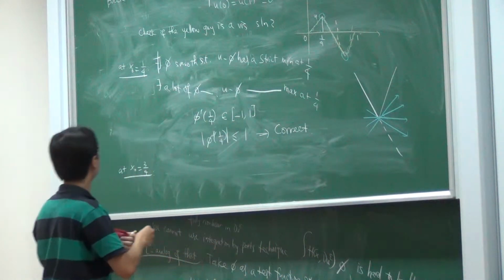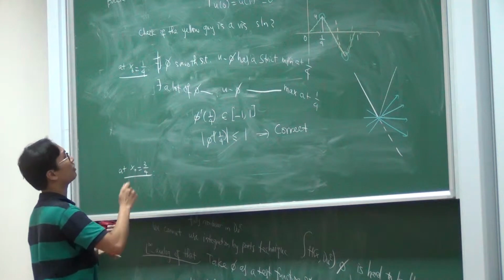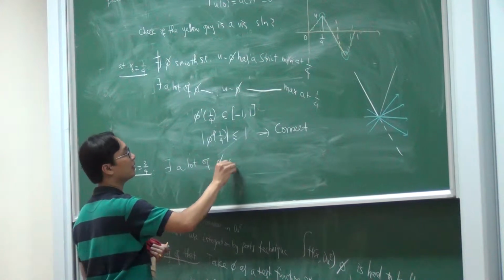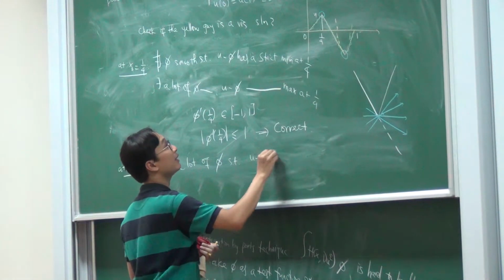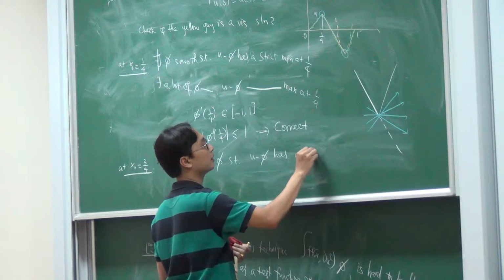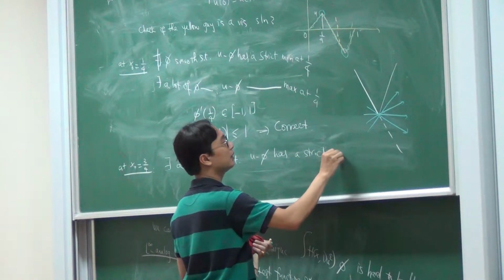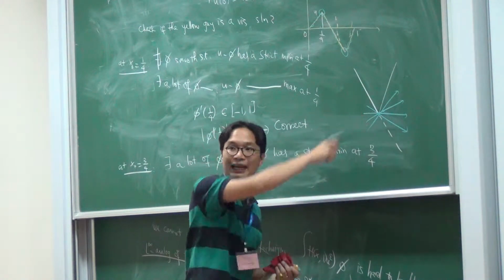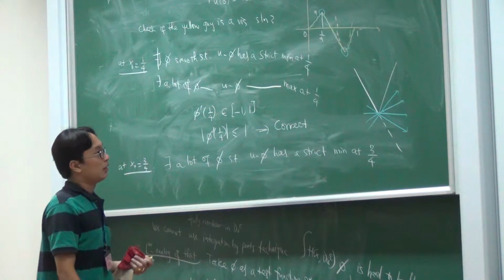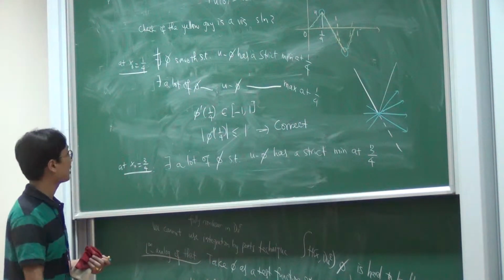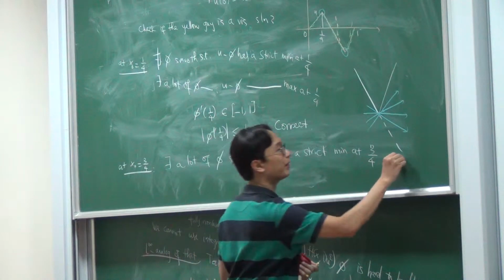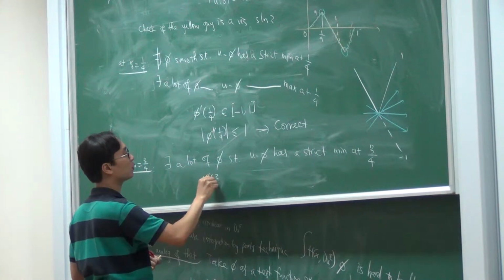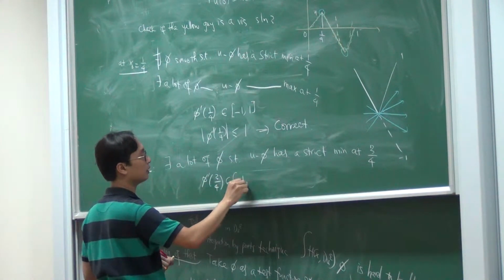So there exist a lot of phi such that I have u minus phi as a strict min at 3/4, just any of the blue ones. And then also the slope must be between -1 and 1, so phi prime of 3/4 must be between -1 and 1.